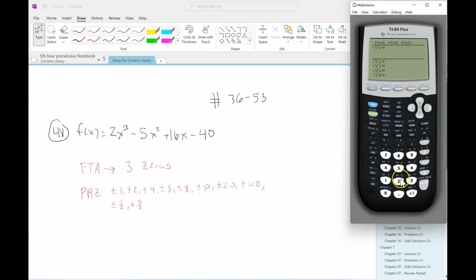Let's go take a look at our graph and see what we can see. Oops. Okay, I'll hit graph now since I have already reset my window back to that standard window. So I see just 1 x-intercept, and it looks like it's at positive 2.5, somewhere between 2 and 3 there, right?